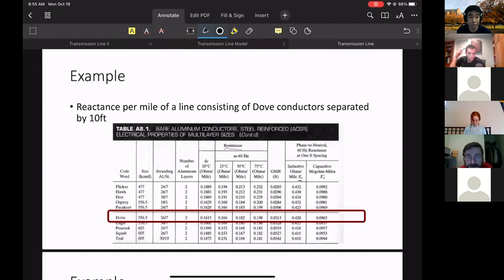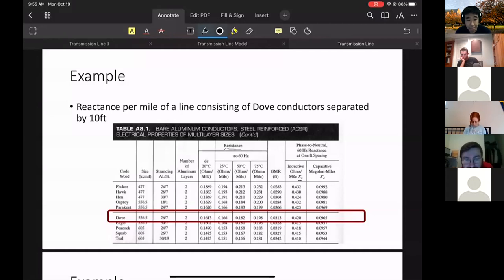So it tells you all you need to know for this line. The manufacturer of the line tabulates this: it tells you the GMR, the XA, and things like this. So all you have to do is look this up and do calculations this way.